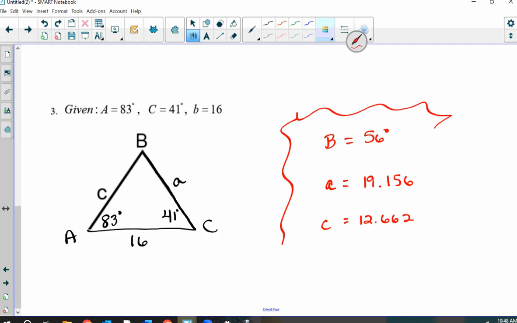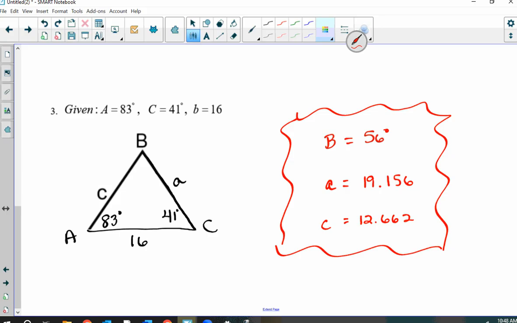All right, guys, look up here and check. So guys, I put at the bottom of one page, check for reasonableness of your answers. Something from geometry that you may or may not remember: the biggest side is always across from the largest angle.